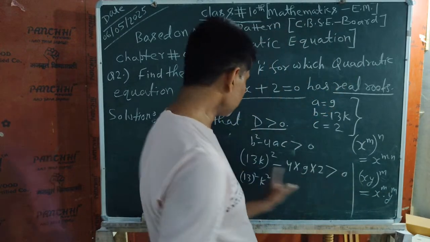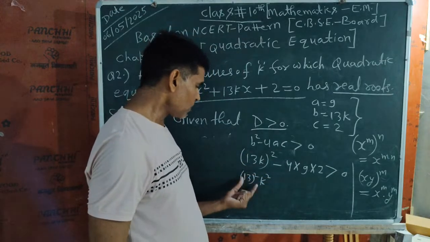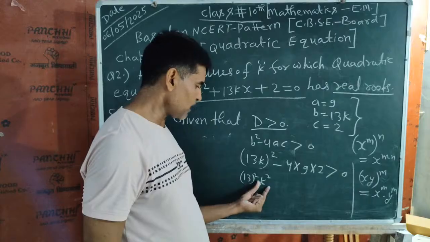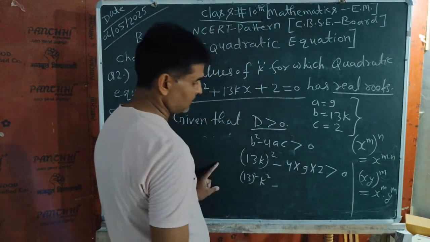So this information I have to use, so 2 will go to the power 13 and also the power k, and then again here I will multiply it.